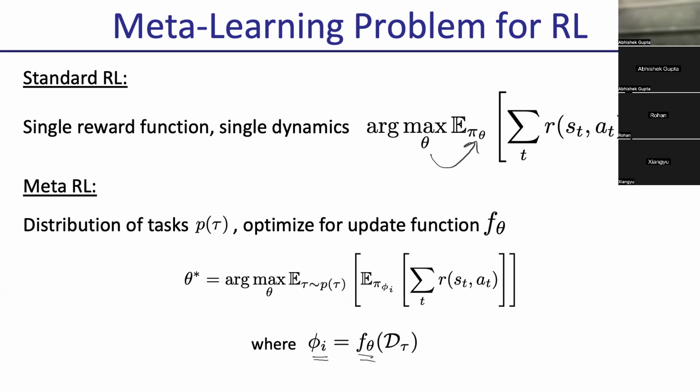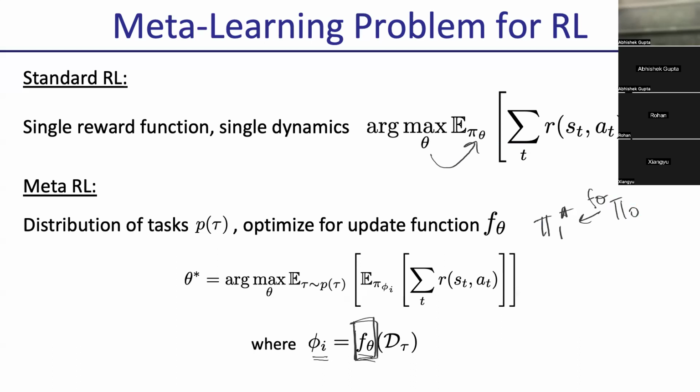And what you're going to try and do is learn not the policy, but the parameters of your update rule, so that you can quickly get from φ_0 to φ_1 star with some update rule, right? And so you're trying to learn the parameters of an update rule.